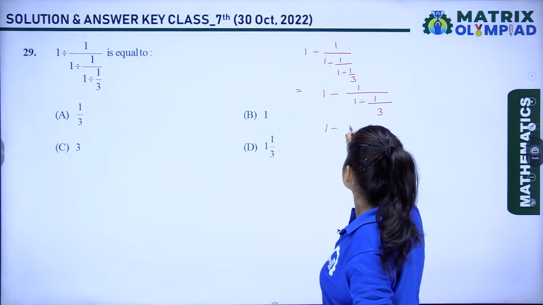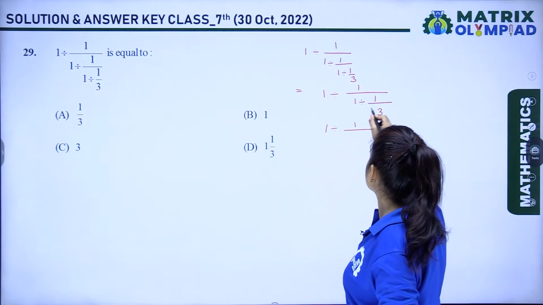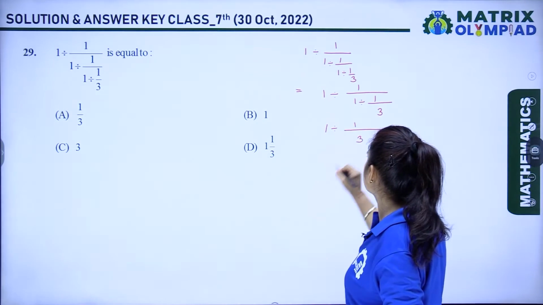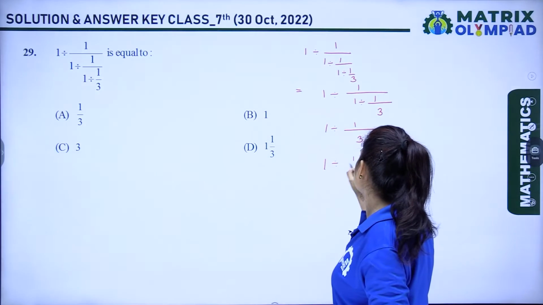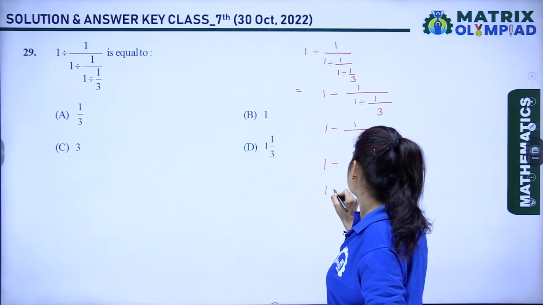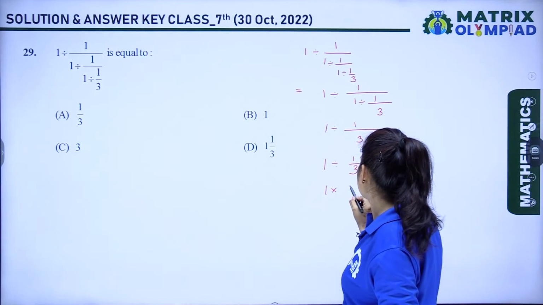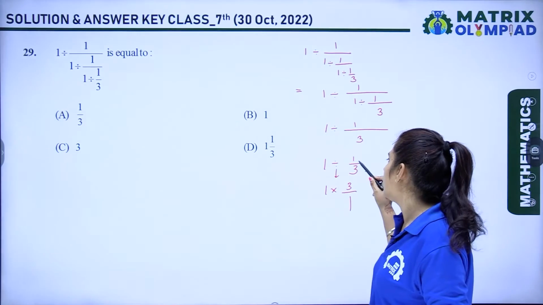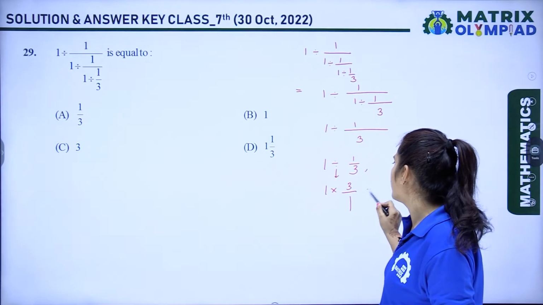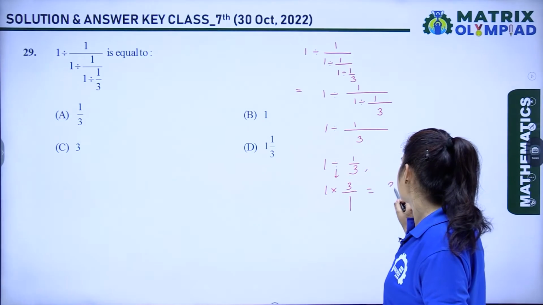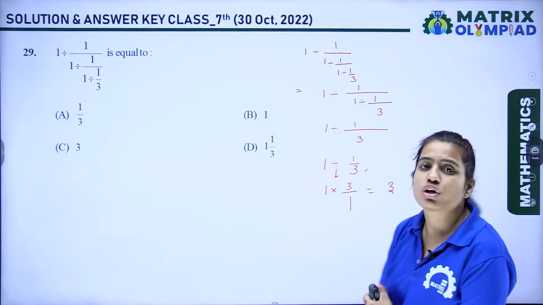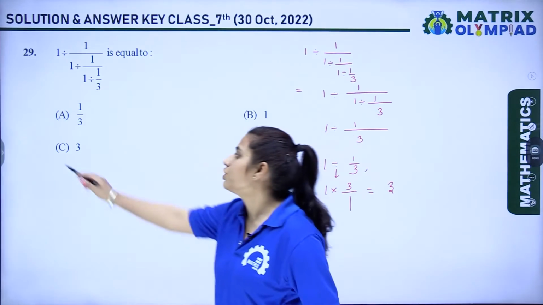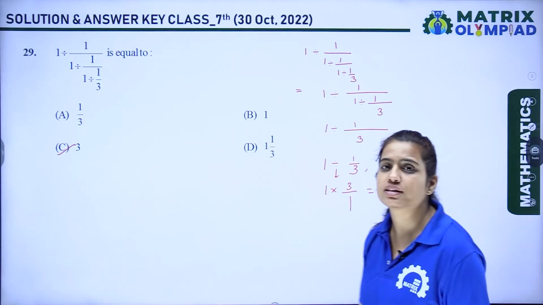Now again we are going to do the reciprocal: 1 divided by 1 upon 3, doing the reciprocal of 1 upon 3, we get the answer 3. So according to the question, option C is the correct answer.